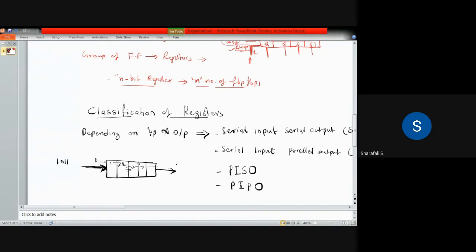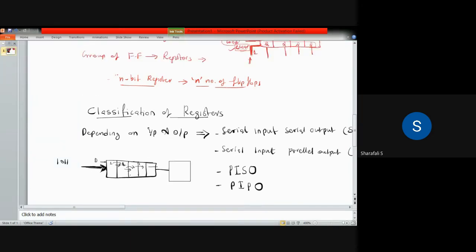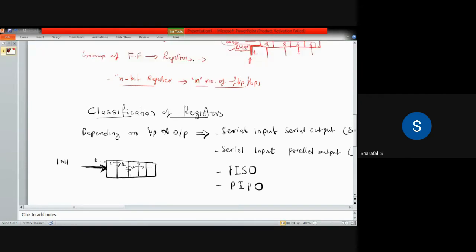Now, if you take your output from each of the flip-flops, once you provide the input like this, and let's say this is 5-bit data, then you are taking the output from here.